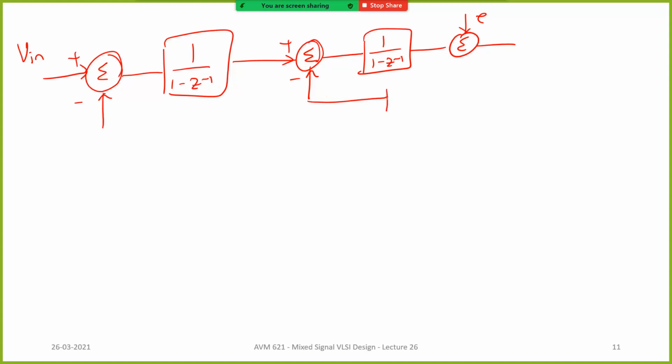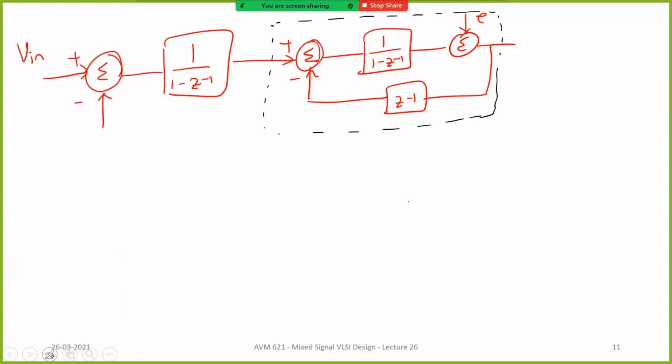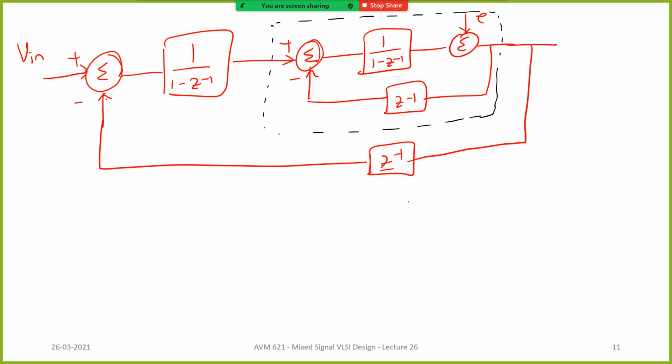Of course, we know that there is a DAC also, but for mathematical purposes, we just understand the same value is reproduced here. So this is your first order delta sigma modulator, and this is put inside this loop. You can see that this is your implementation. Now you can see that there are two Z inverses in parallel. So why have two delay elements?